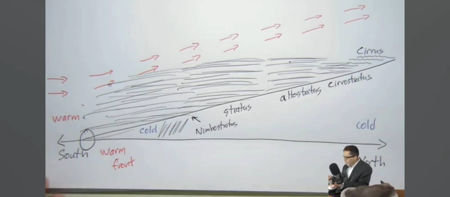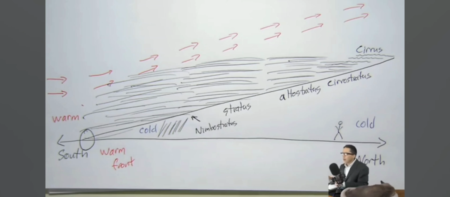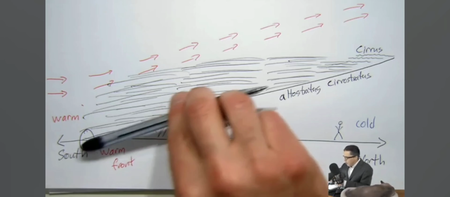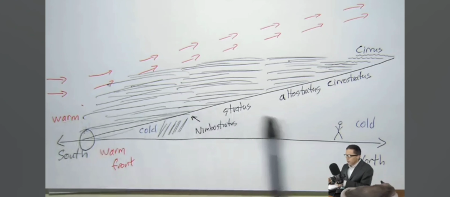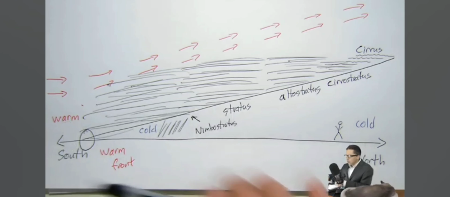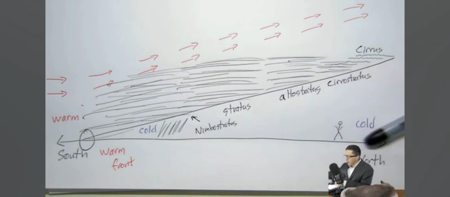And it's called a warm front because, let's say you're right here, and you are going to experience this whole thing. When this ramp gets to you and passes over you, the experience is that the temperatures increase, because this air back here is warmer than the air that you're currently sitting in. So in a warm front, the temperatures will increase as it goes by.